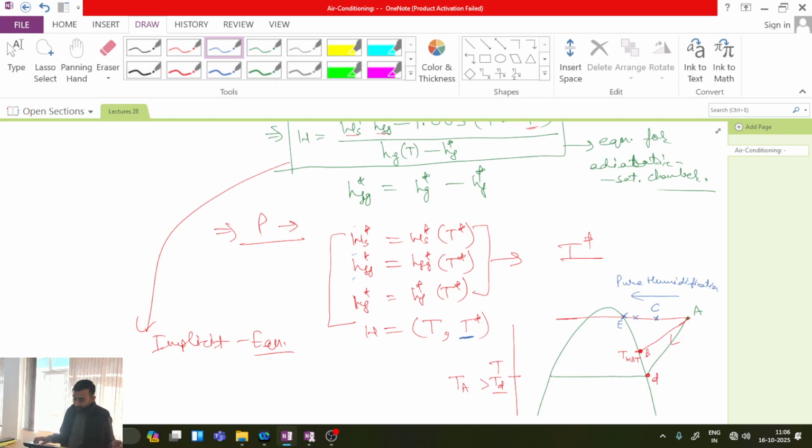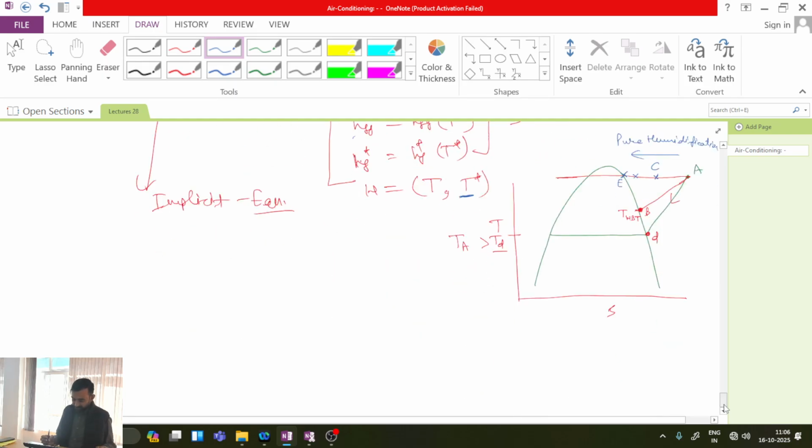Okay, now let's come to one interesting fact. Whenever you will be doing engineering calculations, say you have to design a building heating system or cooling system for a building, the design will be changing at each and every stage.